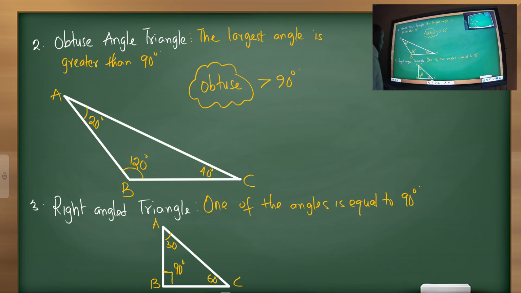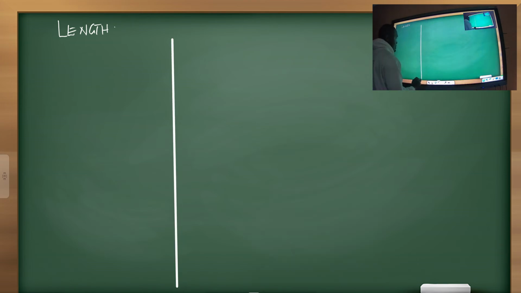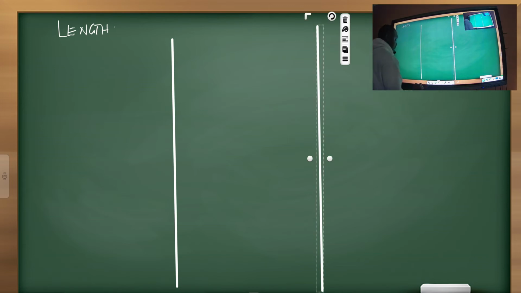So these are the 3 types of triangle we have in terms of angles. Let's quickly run through and look at what we have in terms of sides. In terms of length, I'm going to divide this board into 3, so I have all my diagrams on one page.